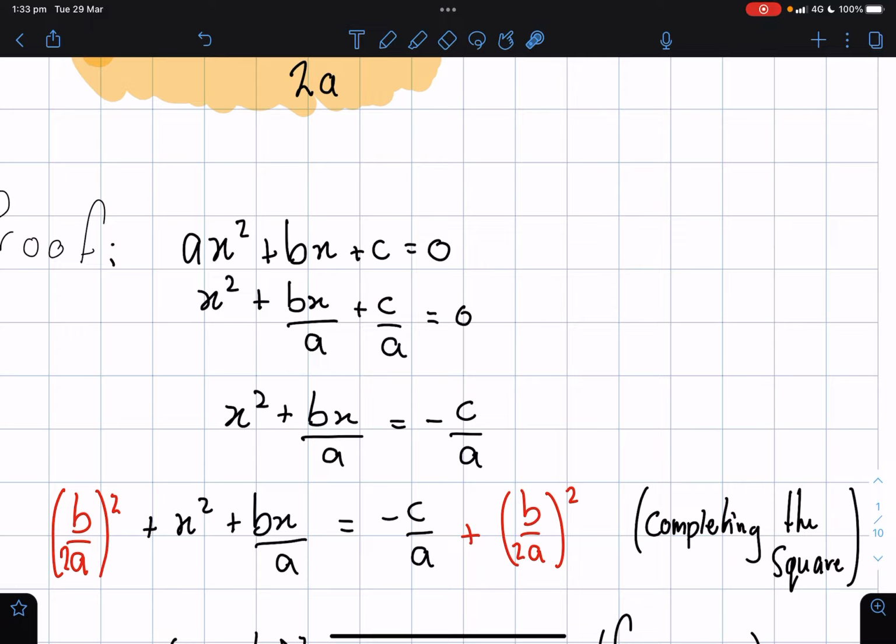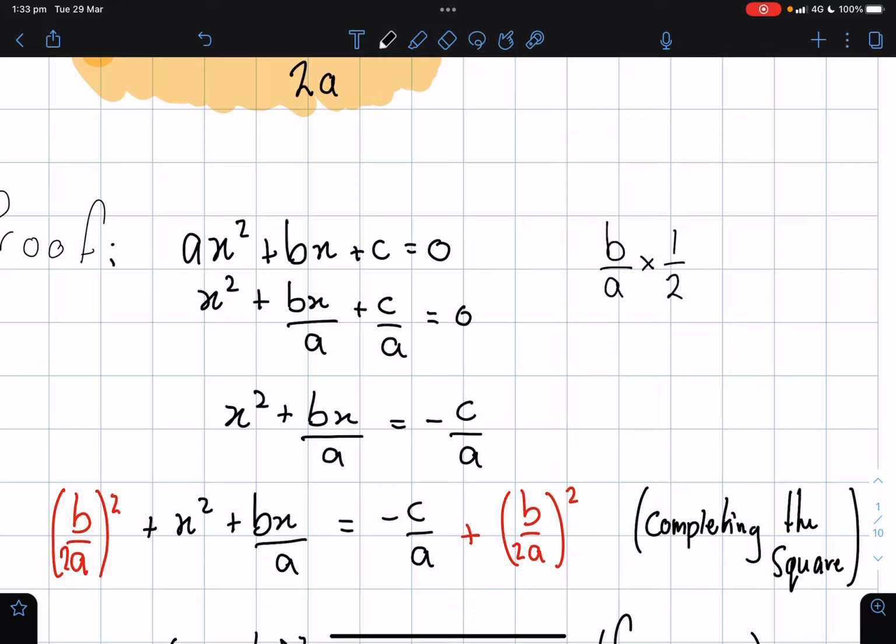So we've done a bit of work on this in a previous chapter, all right? Remember, for completing the square, we need to add the coefficient of the x term divided by 2, all squared. Because our coefficient is b on a, we have b on a multiplied by 1 on 2, essentially, okay?